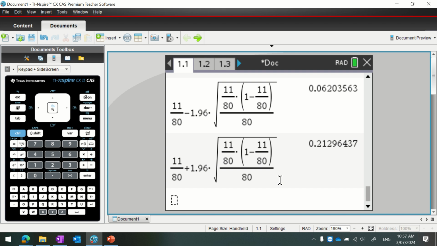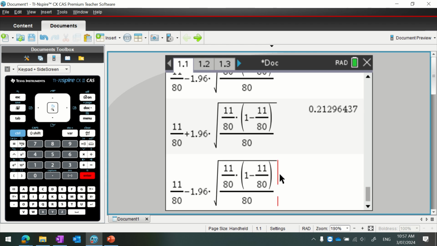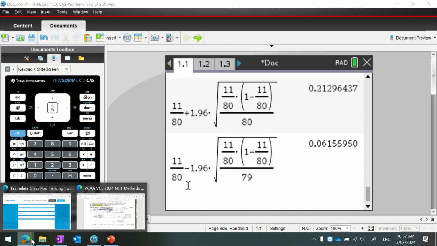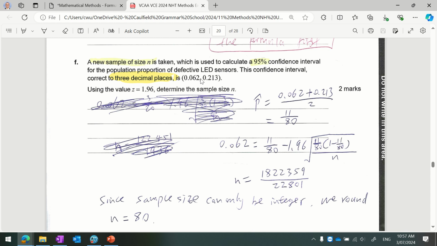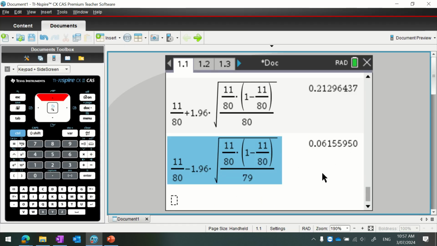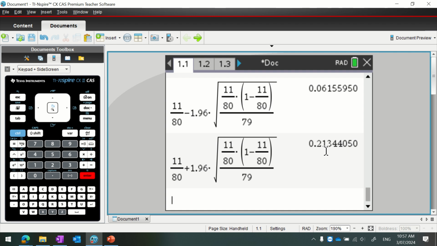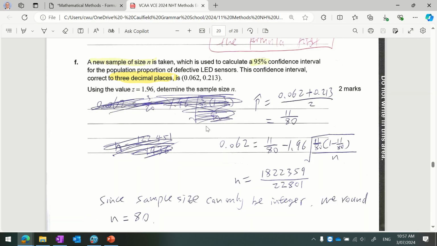So let's try that. If n is 79, the left endpoint is going to be 0.062, so that works. And then we do the plus option, 0.213 after we round.